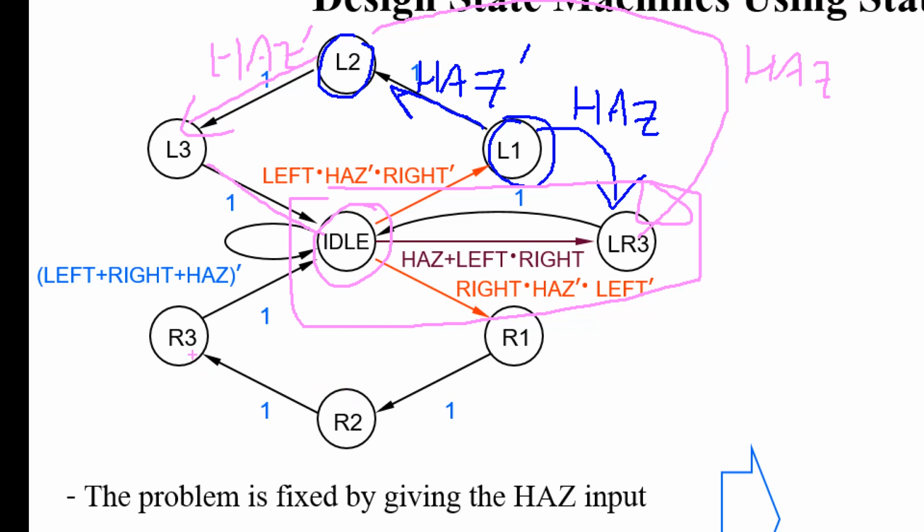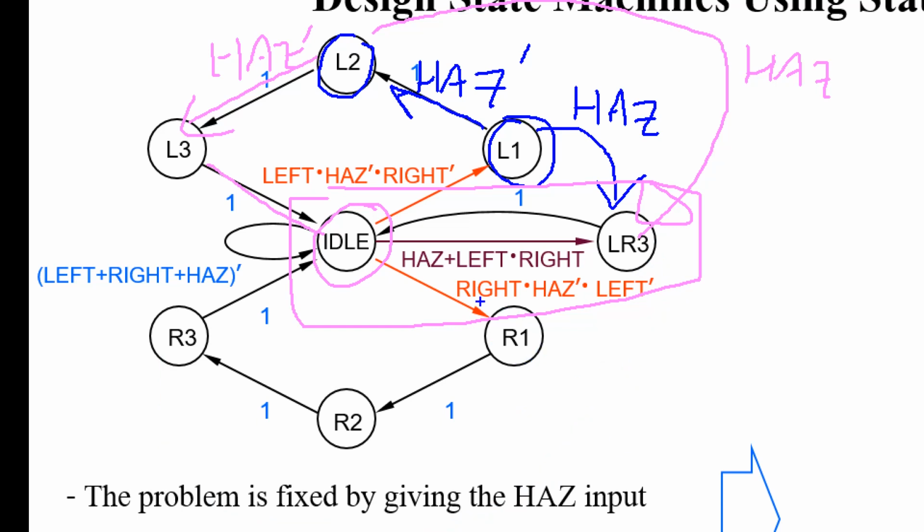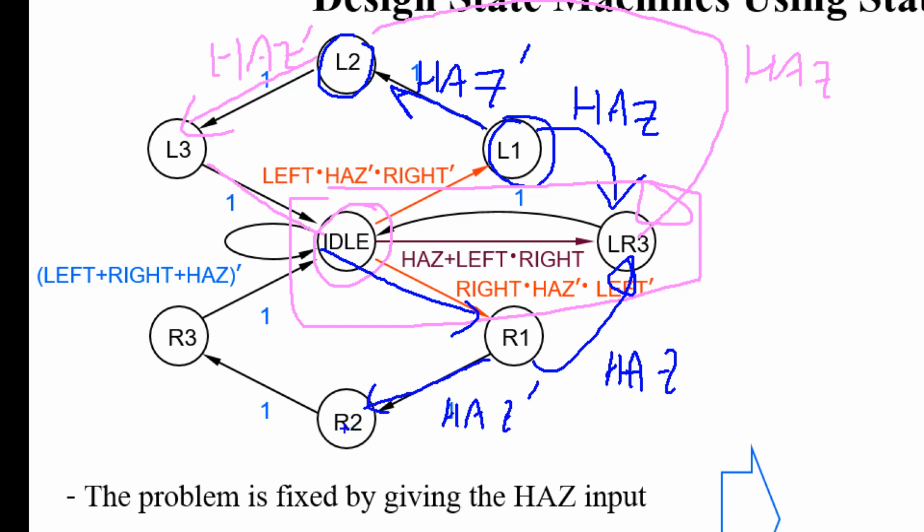Similarly for turn right also, you can add this condition and change from this direction, R1 to this hazard. When hazard active, if input hazard not active, continue to R2. R2 also, if input hazard active, go to LR3.